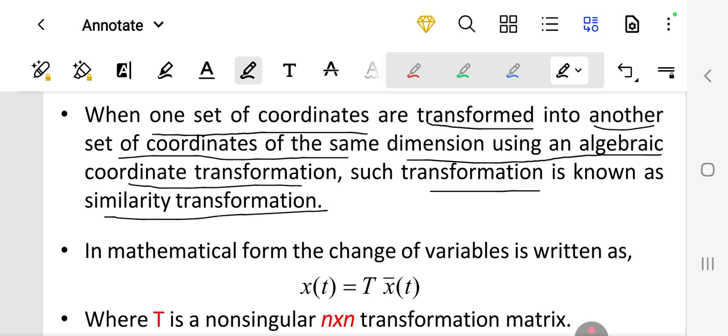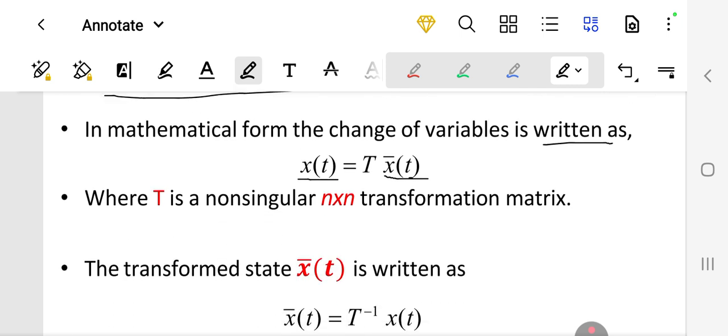The mathematical form that changes the variables is written as: the states of the system in the current coordinates equal the transformation matrix T times the states of the new reference coordinates, where T, the transformation matrix, is a non-singular matrix of size n rows by n columns.